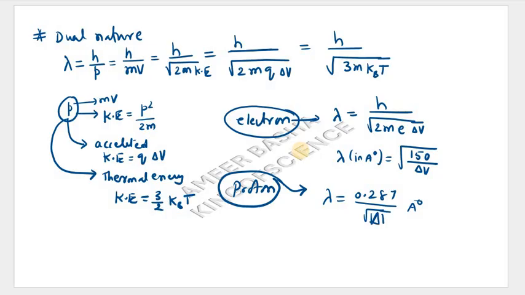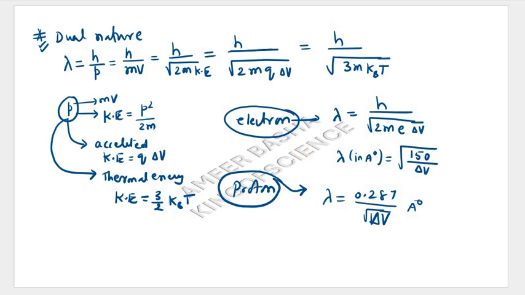Most of the cases, a question may be framed like: an electron is accelerated, then find the associated de Broglie wavelength. For electron and proton you remember these. For any other things you have this relation, from there we can get anything. So related to dual nature, this much is enough.